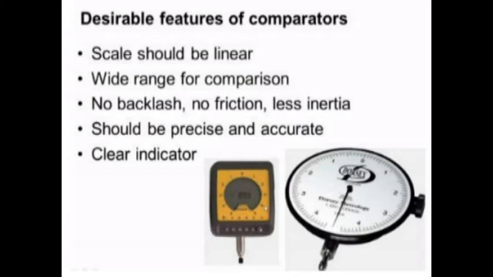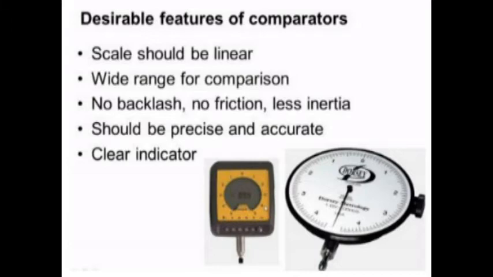The indicator can be analog type, as shown in this figure here. We can see the analog indicator. It starts from 0, 1, 2, 3, 4, 5, and again counterclockwise 1, 2, 3, 4, 5.